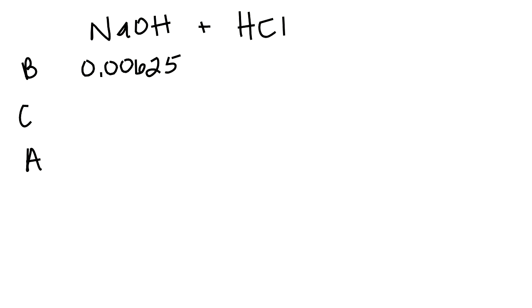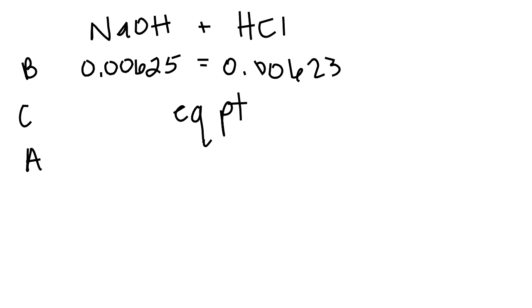So that gives me 0.00623. And 623 and 625 are extremely close. So at that point, we would say these two are equal to each other. That means that we are at the equivalence point or the stoichiometric point. So the pH equals 7, and we don't even have to do any more math out of that.